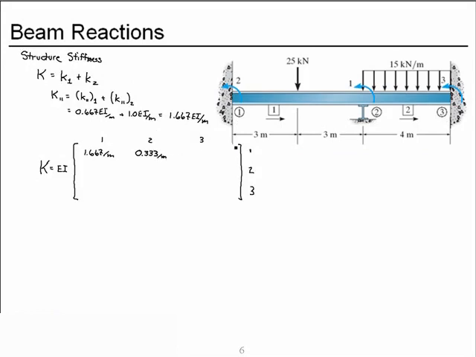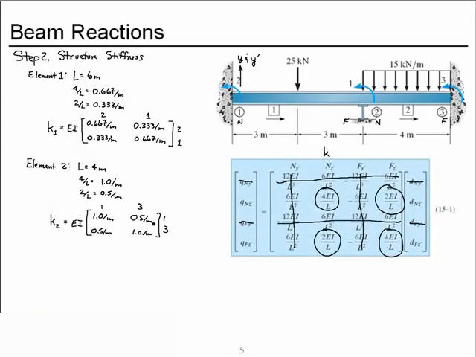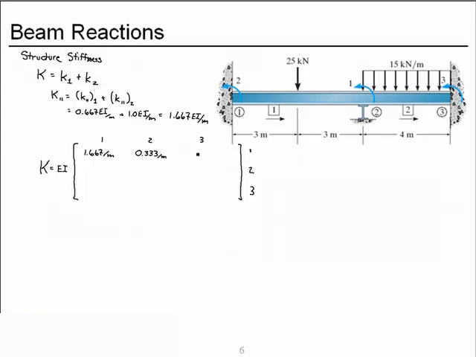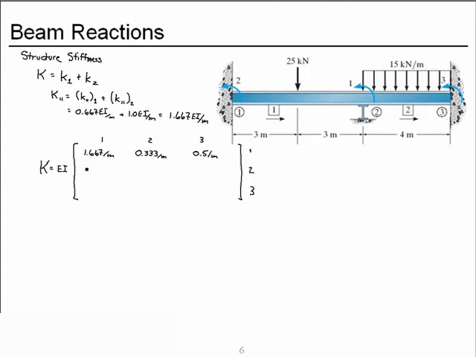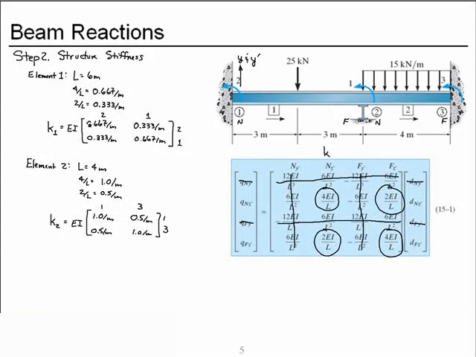This entry, row 1, column 3, comes from element 2. Then row 2, column 1, comes from element 1. Row 2, column 2 also comes from element 1.